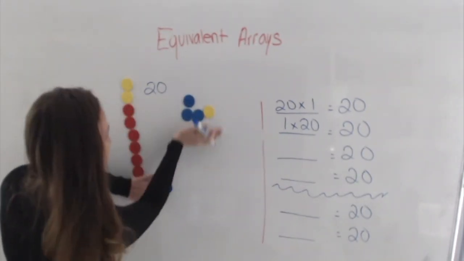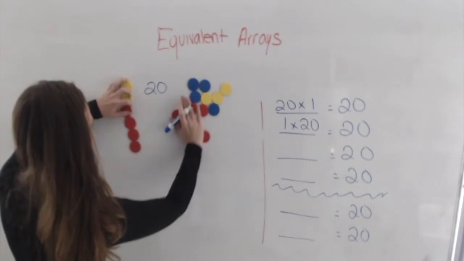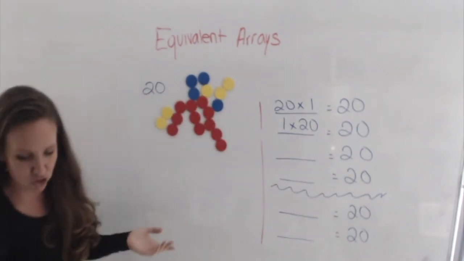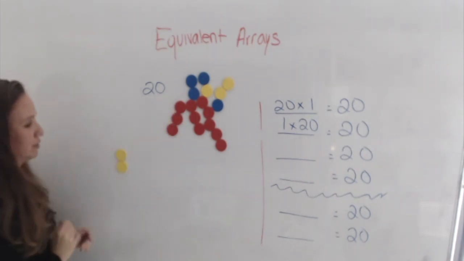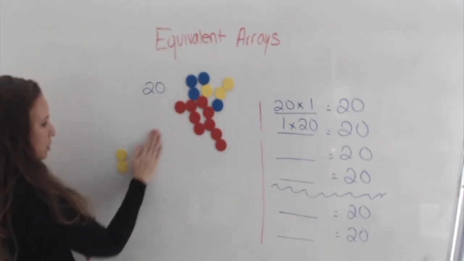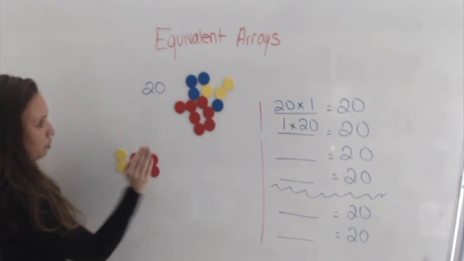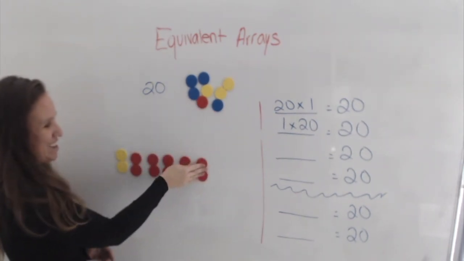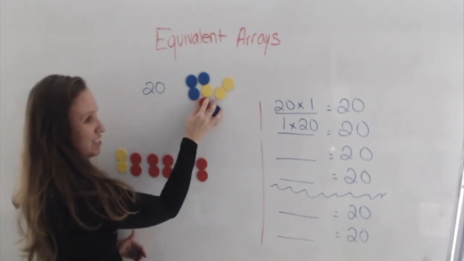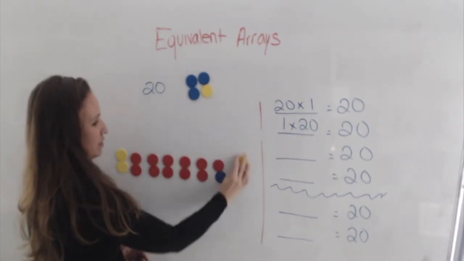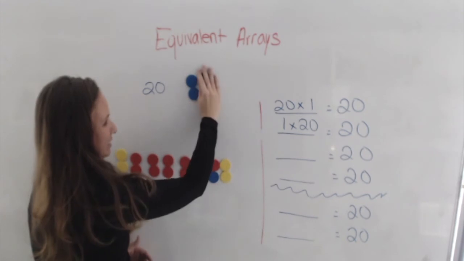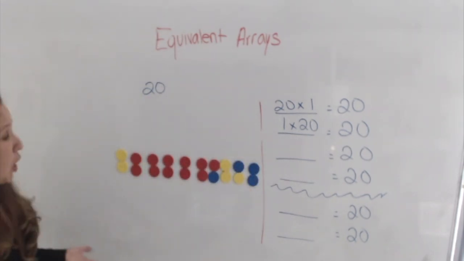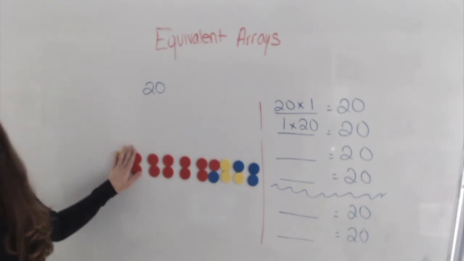Let's now try another one. Again, the next thing I like to try is to go by 2s. So we're going to go 2 here. Let's put another 2, and another 2, and another 2, and another 2. Oh, we're still going. This one's a long one. But look, I used all of them, and they all have the same amount.